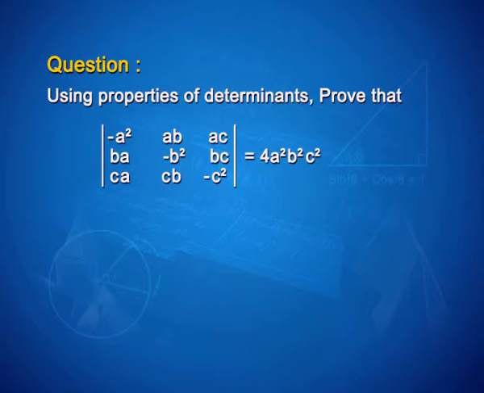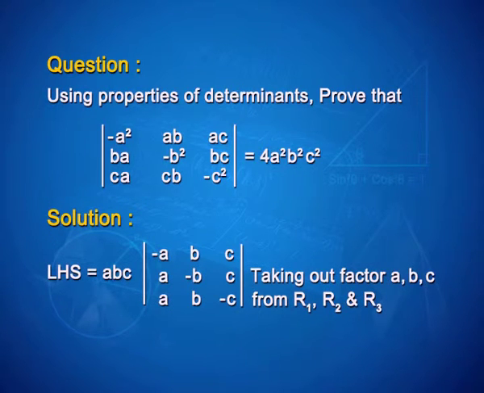Using properties of determinants, prove that the determinant minus a square, ab, ac, ba, minus b square, bc, ca, cb, minus c square is equal to 4 a square b square c square.